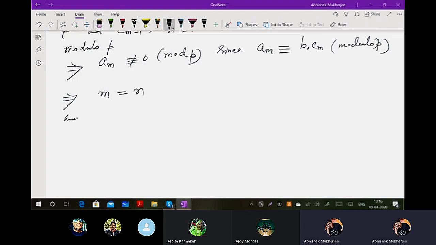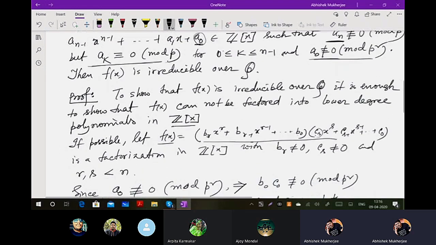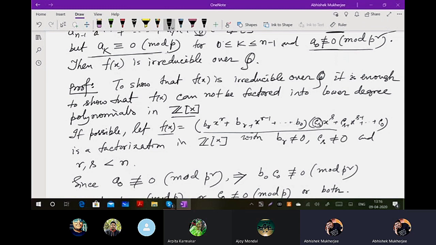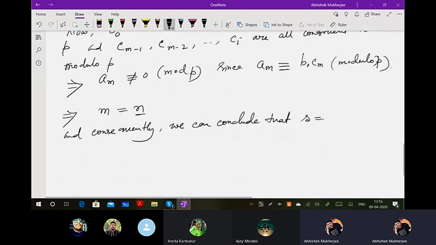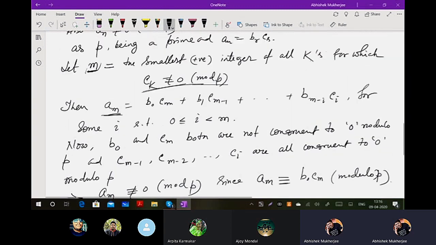And consequently, if it is n, what can we conclude? We can conclude that s, the index of the leading coefficient of this polynomial, equals n, because n is the degree of the polynomial f(x).